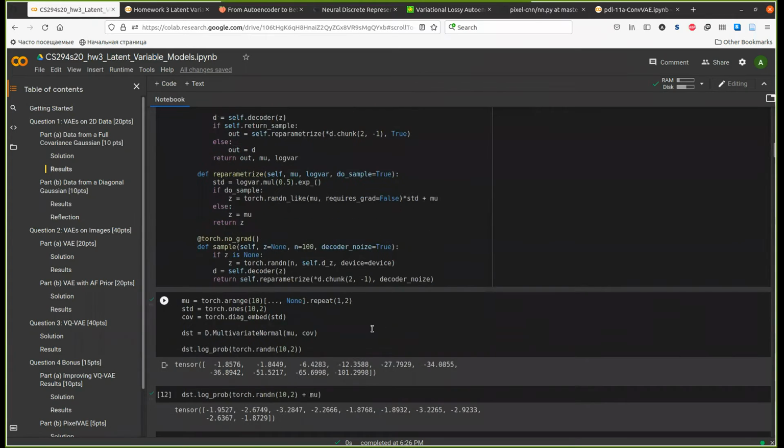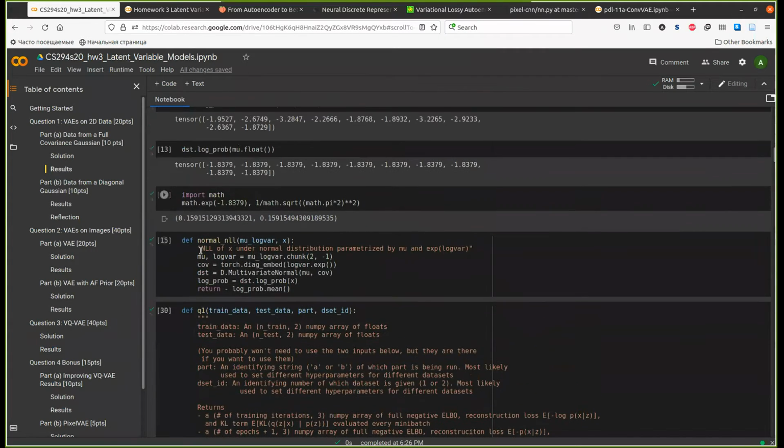So in this case, what would the loss function be? This function computes the negative log likelihood of x under a normal distribution parameterized by the mean and the variance we provide.